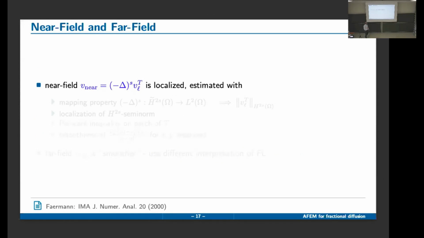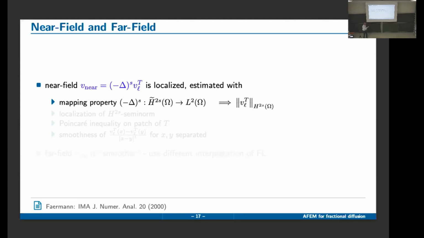Let's look at the near field. Obviously, I won't be able to prove the whole estimate, but I will give you the idea how to estimate. So the near field is actually localized because the localization is inside the operator. So I can estimate it by using mapping properties of the operator. Then I get something like an H^2s norm, since this is shifts of 2s, a 2s norm of this localized quantity.